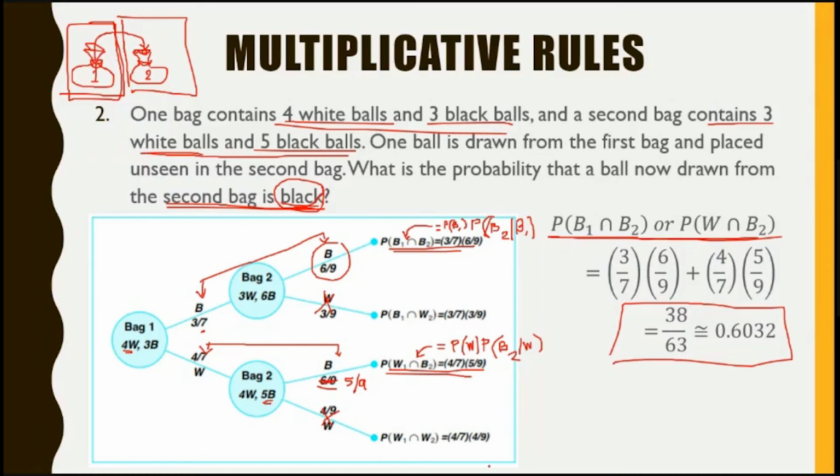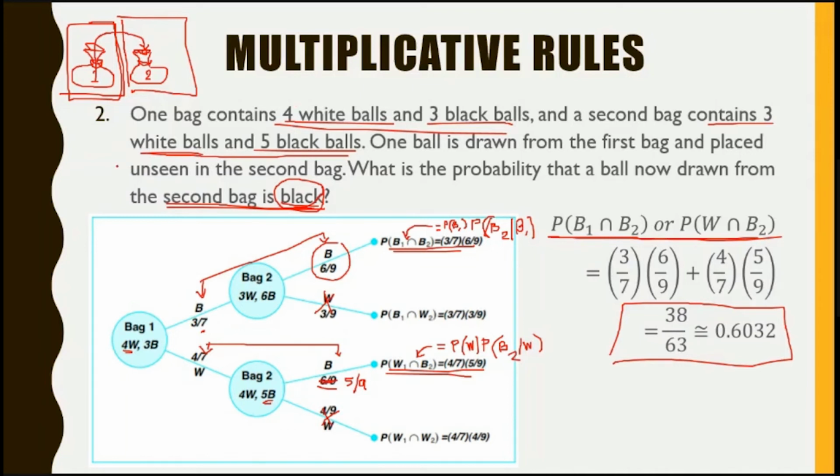Here in the second example, I have shown you how to use the tree diagram. Now you can use a tree diagram depending on the problem. So see, we used here a tree diagram because it would be difficult for us to imagine how to solve this problem.